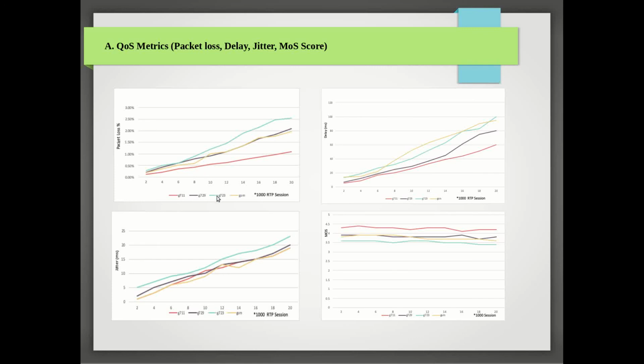For example, the rate of sending packets in G729 is more than G723, and that is more than G711.